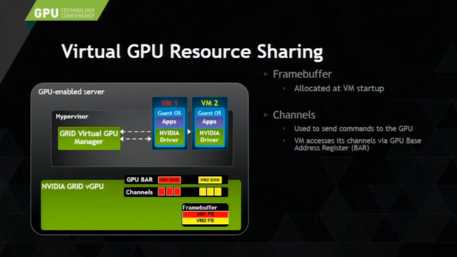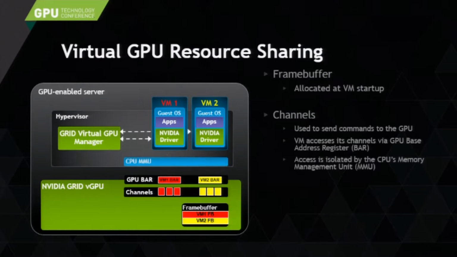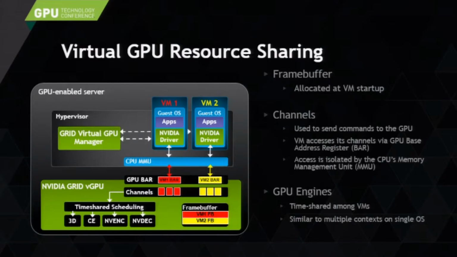The CPU's memory management unit, MMU, is used to partition access to the GPU's BAR so that the VM can only access the channels of the vGPU that it owns and not that of any other virtual machines. So the GPU has multiple execution engines as well.